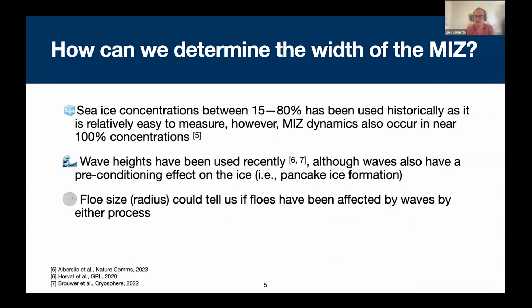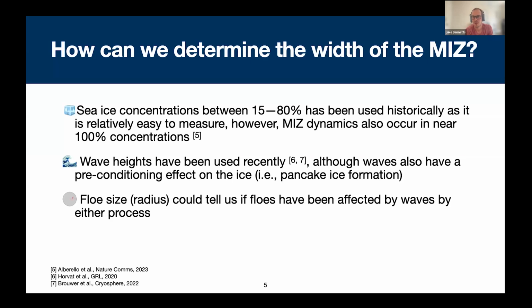So our first job is to identify the marginal ice zone. There's already been some discussion of the ways of doing this in the Zoom talks that we've had, in particular Alex Fraser's talk at the beginning of the day.